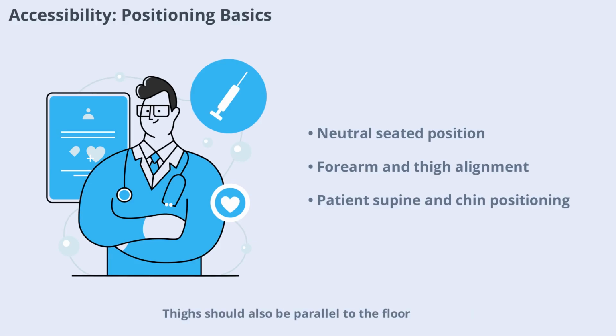Thighs should also be parallel to the floor, and the hip angle maintained at 90 degrees. Keeping the back straight and the head erect helps prevent fatigue and injury. For the patient, a supine position is ideal, with the mouth close to the clinician's resting elbow. Specific chin positions are used depending on whether mandibular or maxillary treatment is being performed.